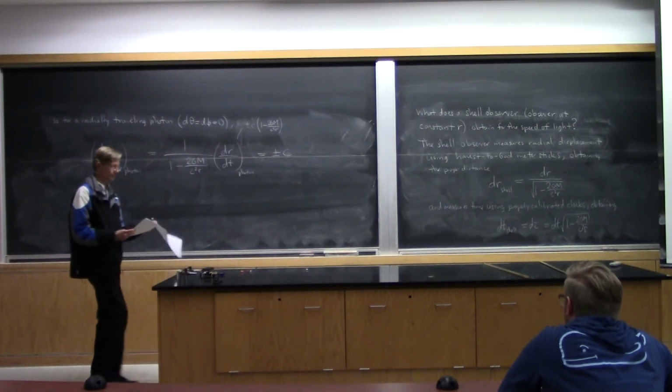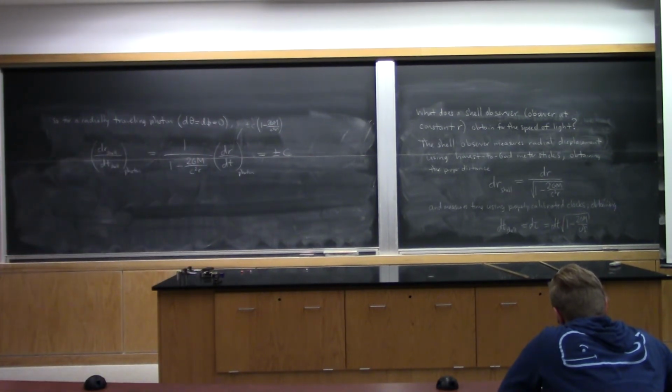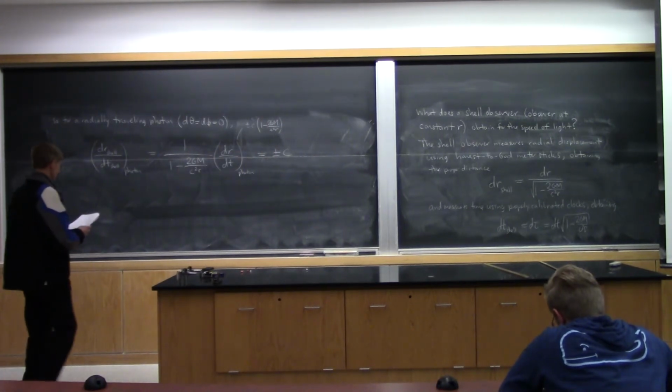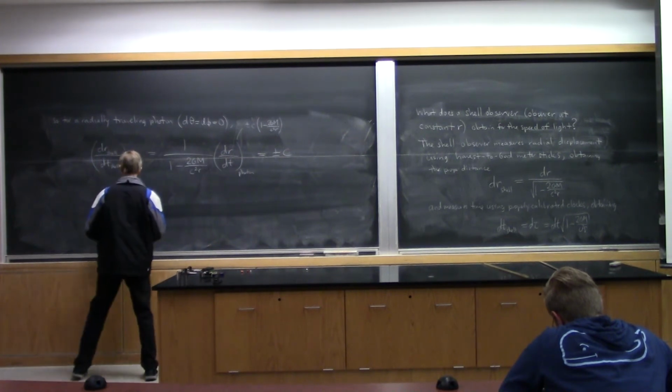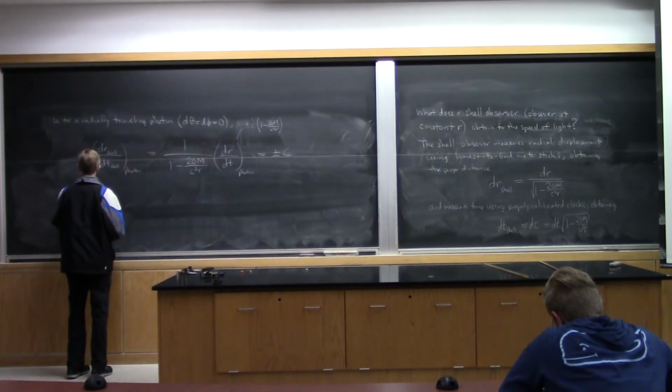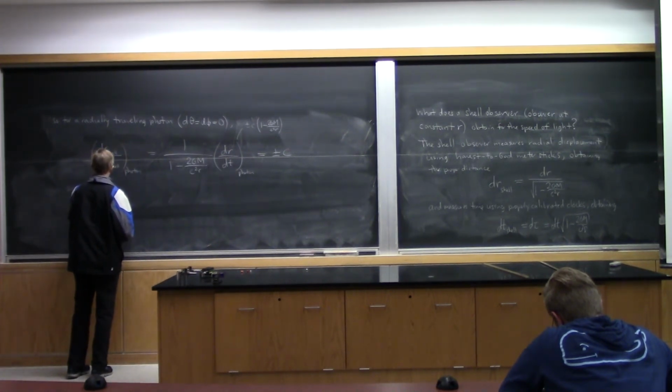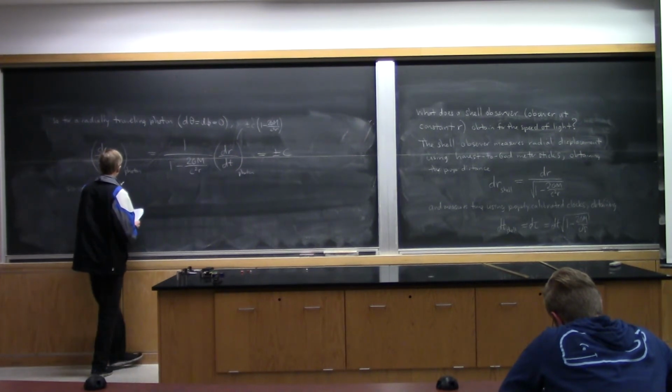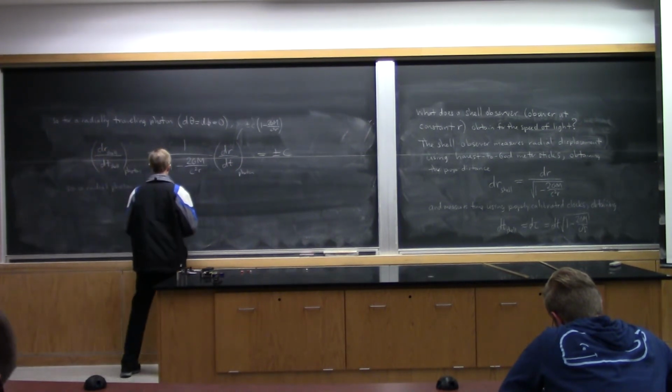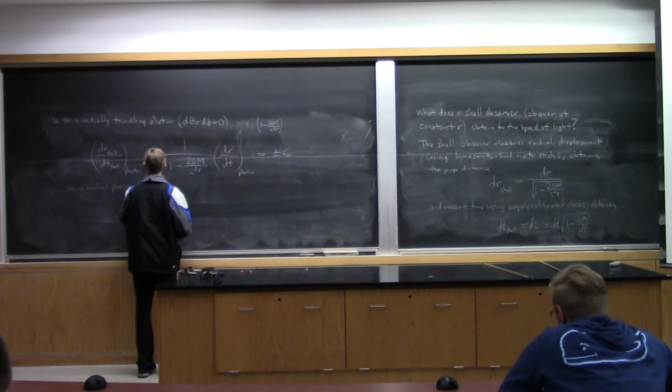If you use local meter sticks and clocks to measure how fast the photon's going, reassuringly you get the speed of light. So a radial photon has speed c as measured by a shell observer.